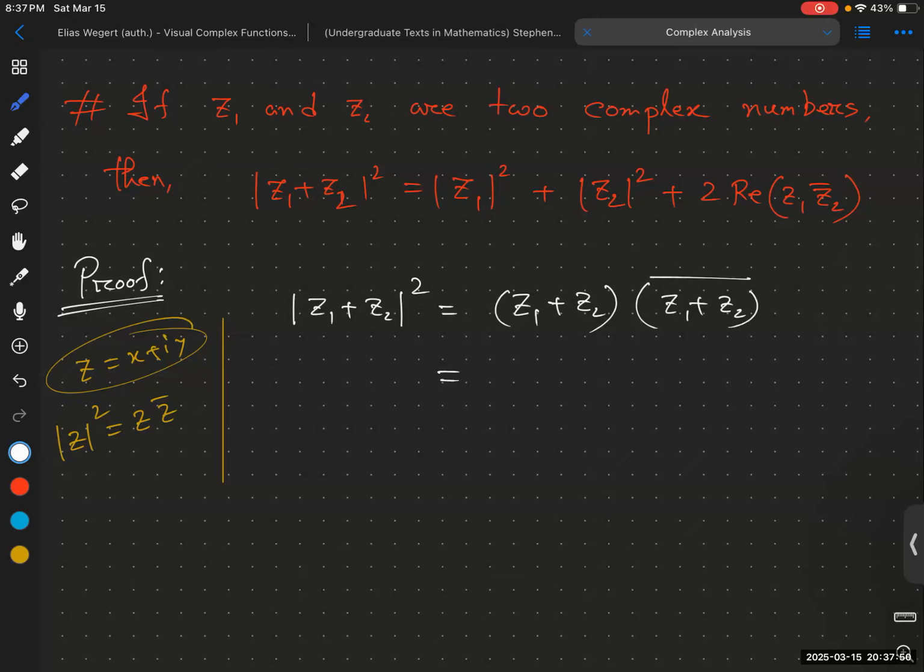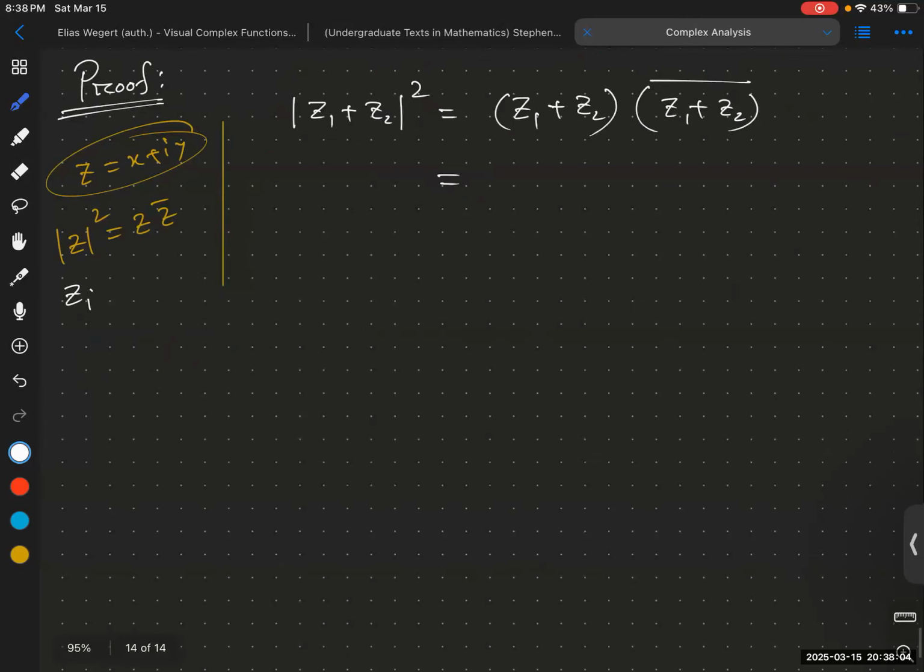Now we are going to apply the property of the conjugate of two complex numbers. We can simply verify that if Z1 is x1 plus iy1 and Z2 is x2 plus iy2, then the conjugate of Z1 plus Z2 is Z1 conjugate plus Z2 conjugate.